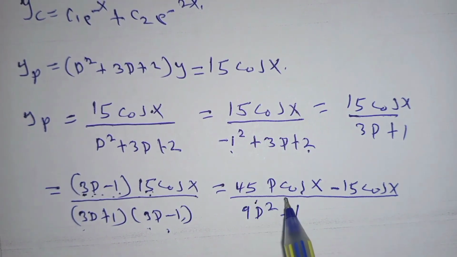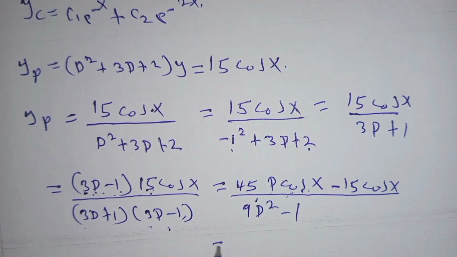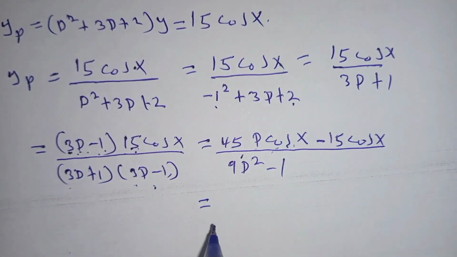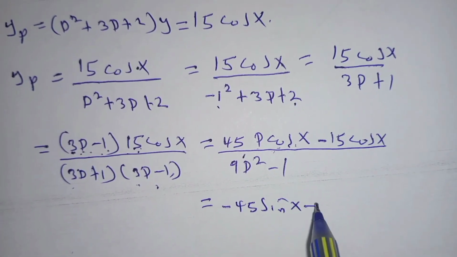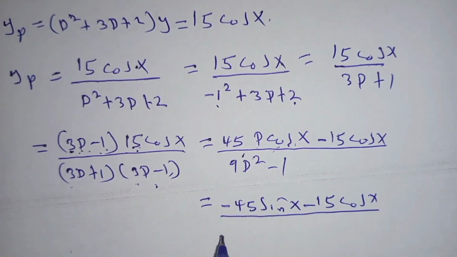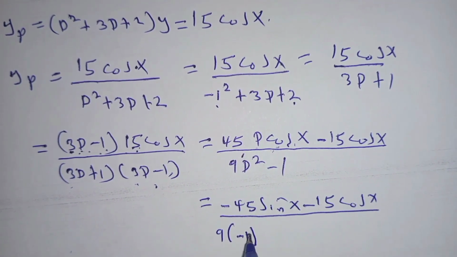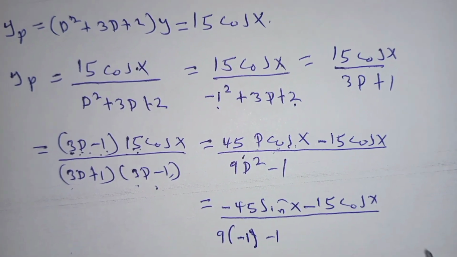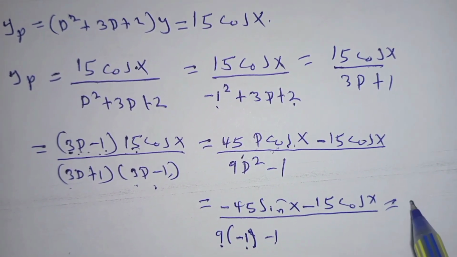Now this part here, it means we differentiate. So cos differentiated will give you a negative. So you will have -45 sine of x minus 15 cos of x divided by 9 into bracket -1 squared minus 1, which is equal to 9 times (-1) minus 1, which will give you -10.